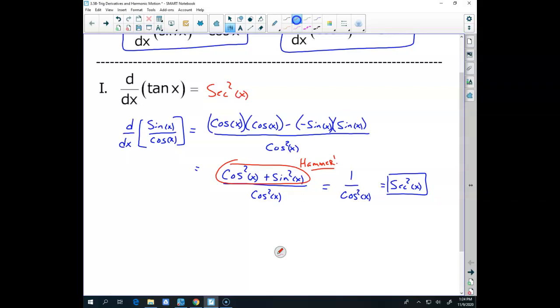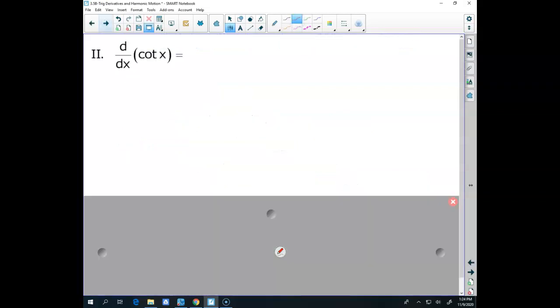Okay? And we're going to move on to our next one, cotangent. Well, I don't know what the derivative of cotangent is, but I do know with my trig identities, cotangent is cosine x over sine x. And I do know that I can use a quotient rule here.